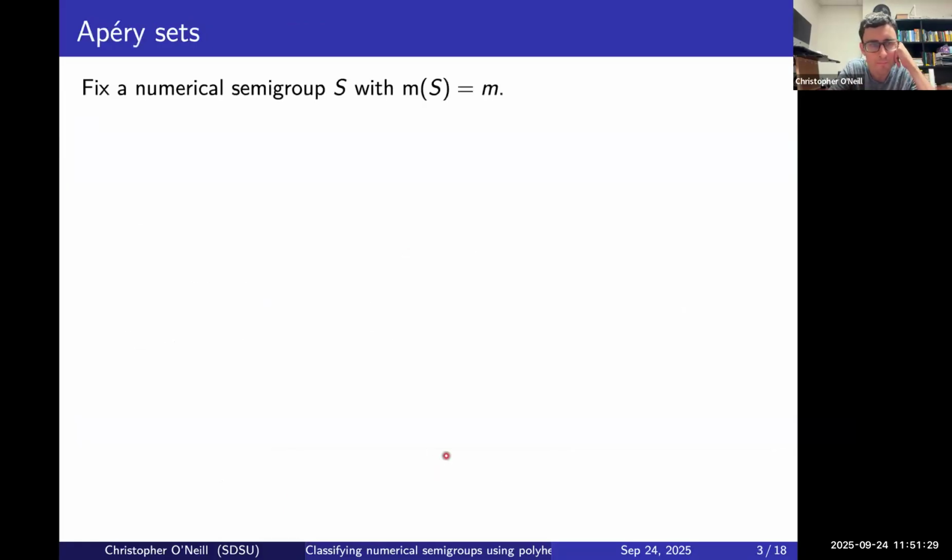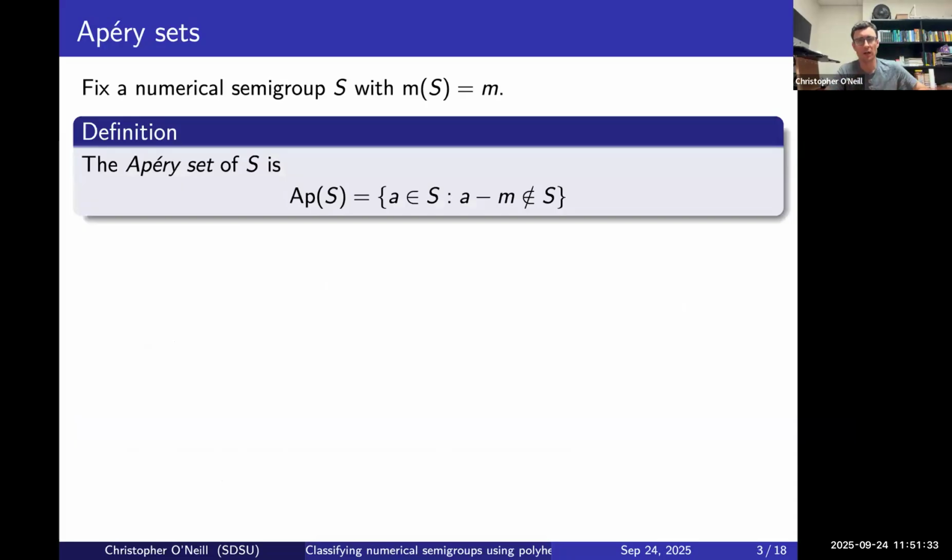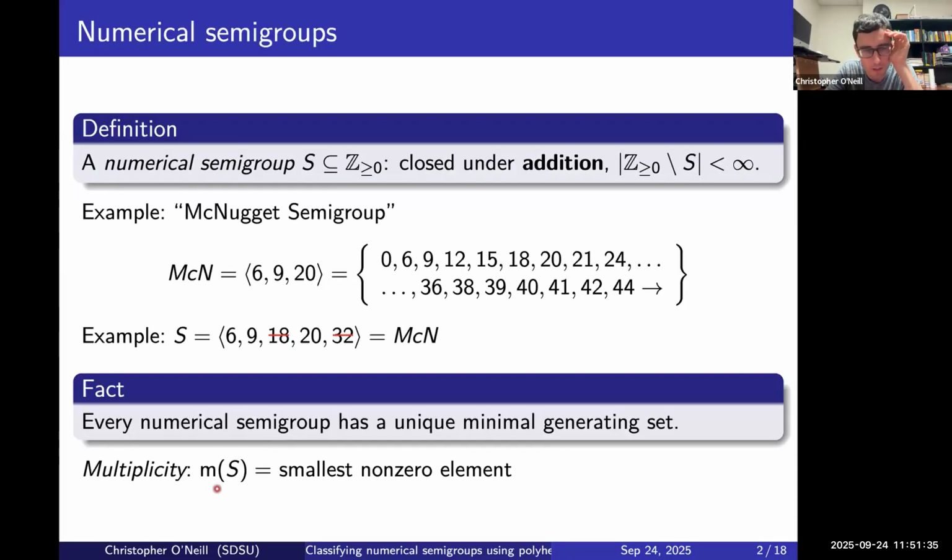All right, so given a numerical semigroup, one more thing I'll mention here. The word multiplicity is used here because of one of the places where numerical semigroups naturally arise. Out of the singularities of a certain type of algebraic curve, you can build a numerical semigroup. This is one of several different places that numerical semigroups independently show up.